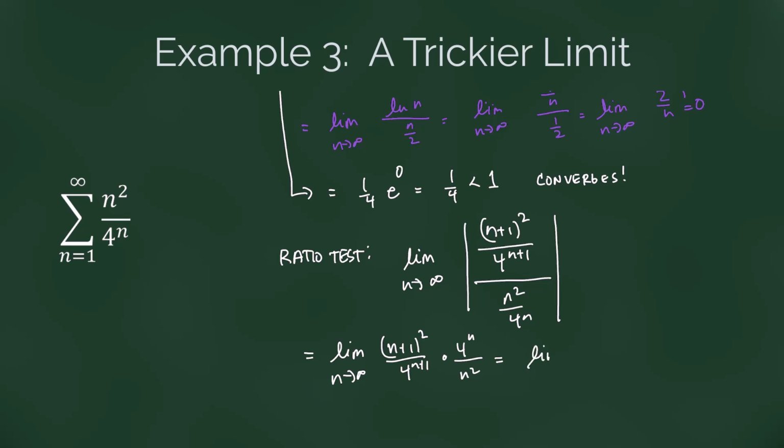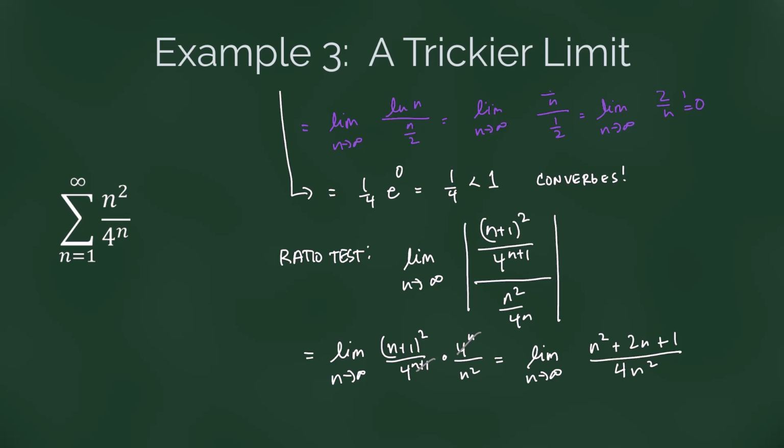So that's the limit as n goes to infinity of n squared plus 2n plus 1 over 4n squared, because of course these cancel.